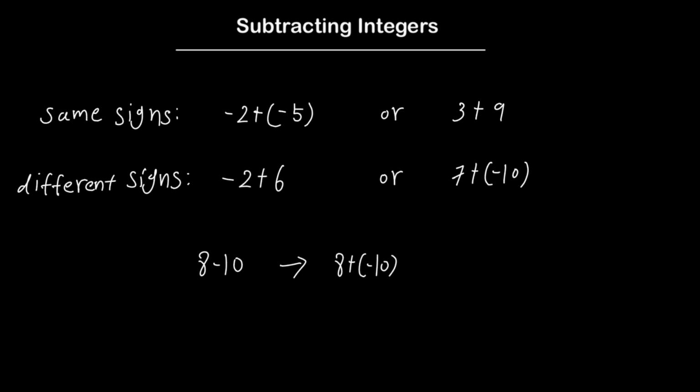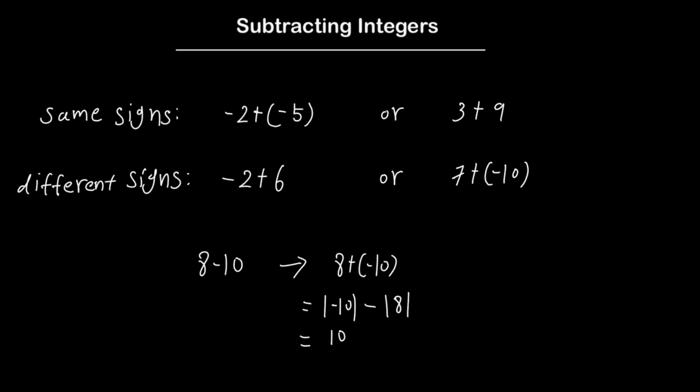Then you will see that this is similar to an expression that we learned yesterday. Since it's addition with different signs, we ignore the signs and only focus on 10 and 8. 10 is greater than 8, so we use the absolute value of negative 10 minus the absolute value of 8.